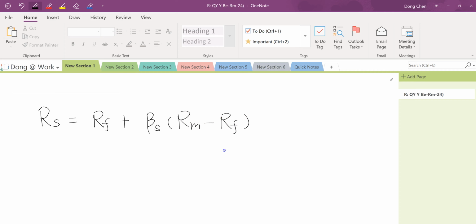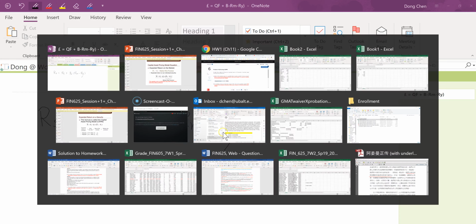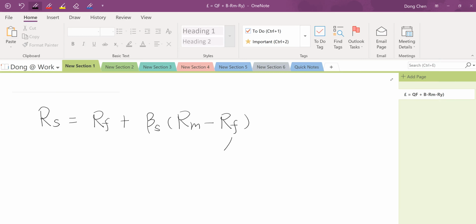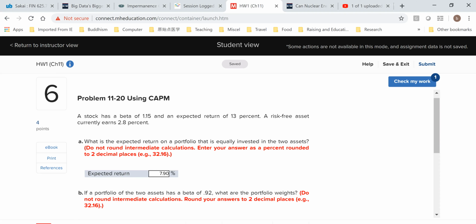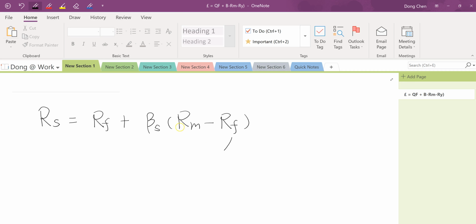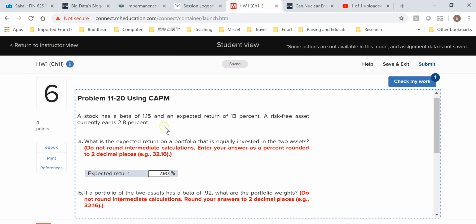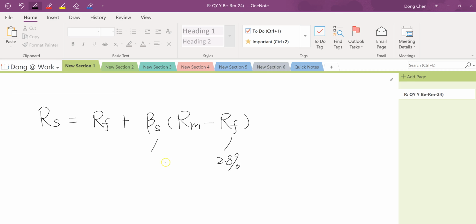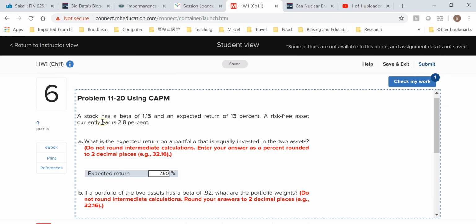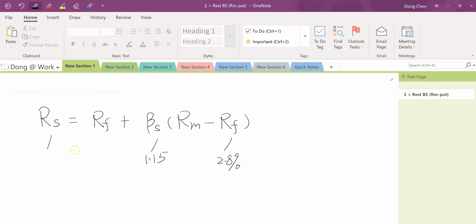Here, this RF is given to be 2.8%, and this beta of the stock is 1.15, and this RS is 13%.